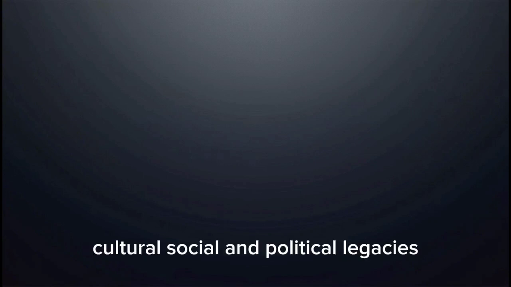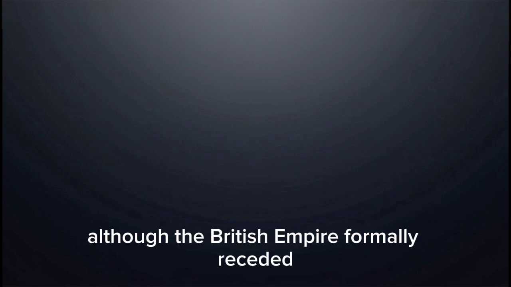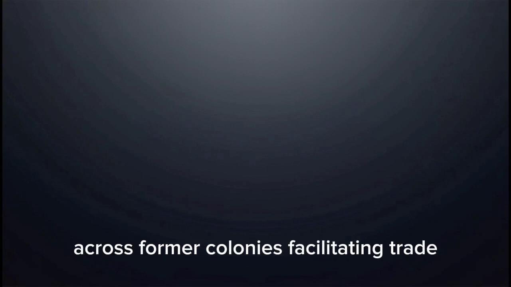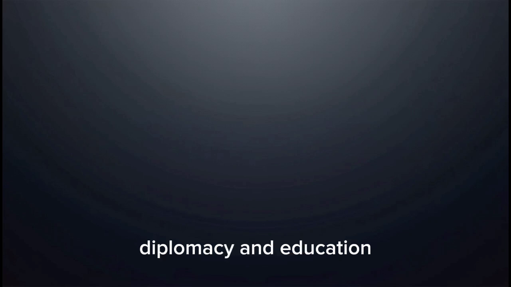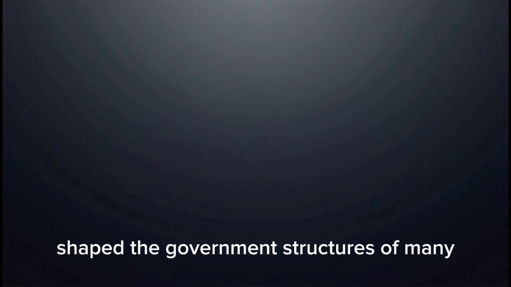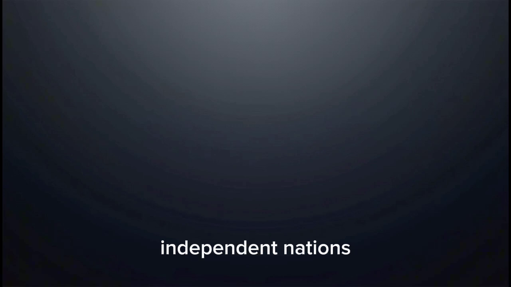Cultural, social, and political legacies. Although the British Empire formally receded, its cultural, social, and political legacies endured globally. English language and legal systems continue to serve as unifying frameworks across former colonies, facilitating trade, diplomacy, and education. Parliamentary institutions, constitutional principles, and bureaucratic practices introduced during colonial rule shaped the governance structures of many independent nations.